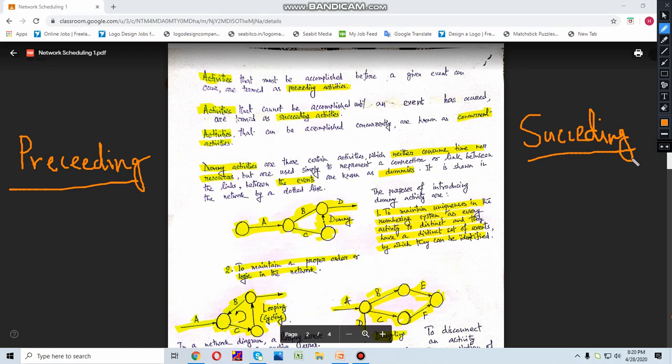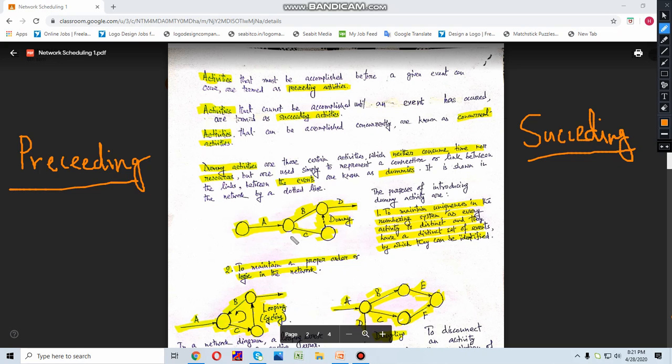So you know the meaning of the word preceding. That means something precedes something. So we are talking about an activity which has to be completed earlier. That means you cannot proceed to a different activity if a certain activity hasn't been completed.